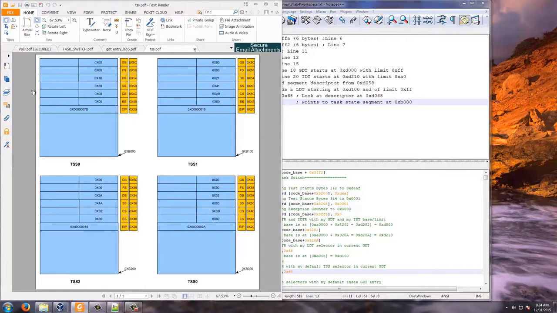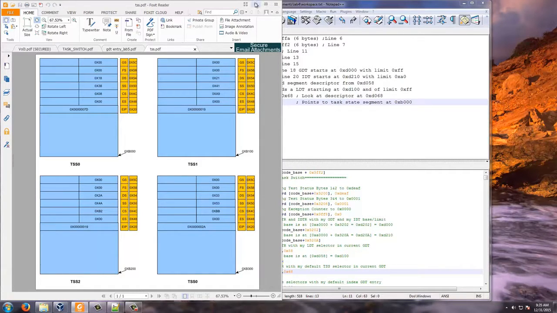Currently, we are loading everything and we are asserting a task state segment. Please note that these things are already loaded by the operating system. So currently, if you look at the task state segment, these things will be uninitialized because this current task is executing. The moment I do a task switch from TSS 0 to say TSS 1, then all these values get filled up there.